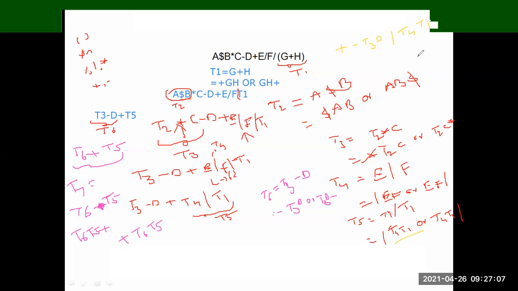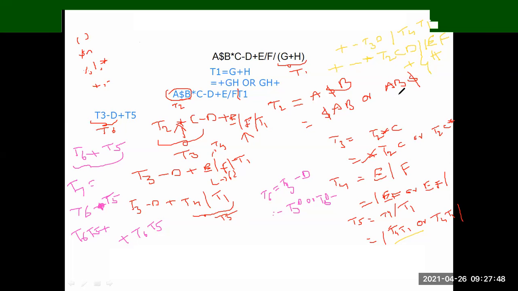E by F, that is by EF. So I write the same here: plus minus T3D, by T4 T1, where T4 is by EF, and T1 is plus GH.